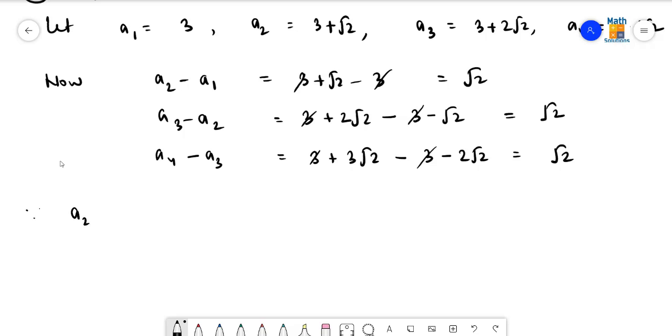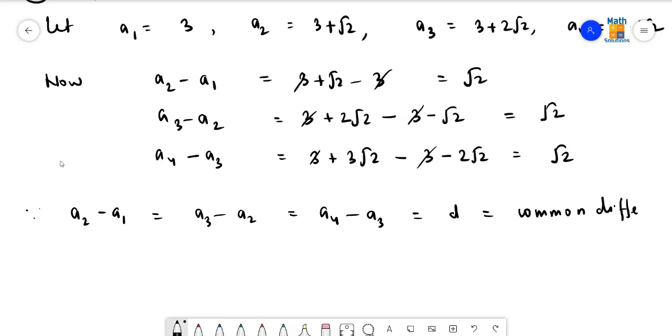So A2 minus A1 is equal to A3 minus A2 is equal to A4 minus A3 is equal to, in the same way I'm getting here d, that is equal to common difference.